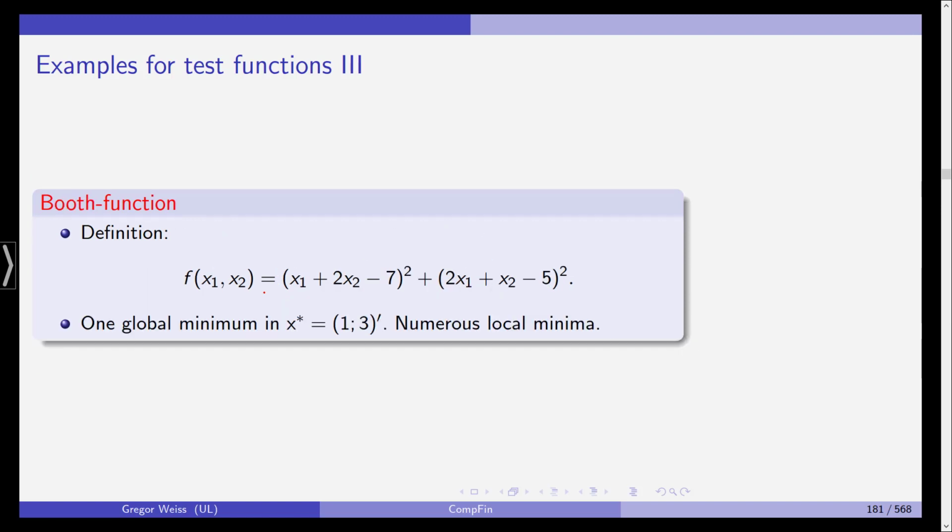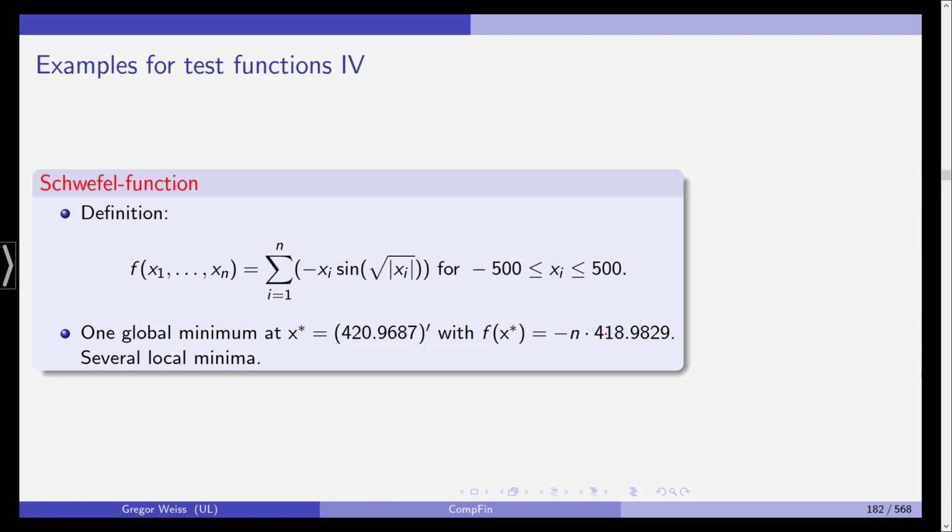The Booth function is actually quite simple, x1 plus 2x2 minus 7 squared plus and so on. It has a global minimum at 1, 3 and numerous local minima. The Schwefel function has minus xi times sine of the square root of the absolute value of xi. This is what makes it tricky. Again, 1 global minimum and several local minima.